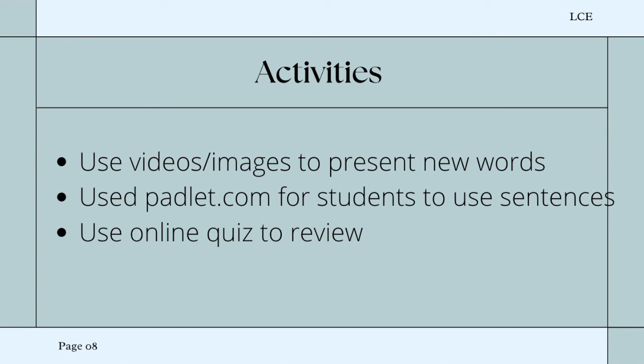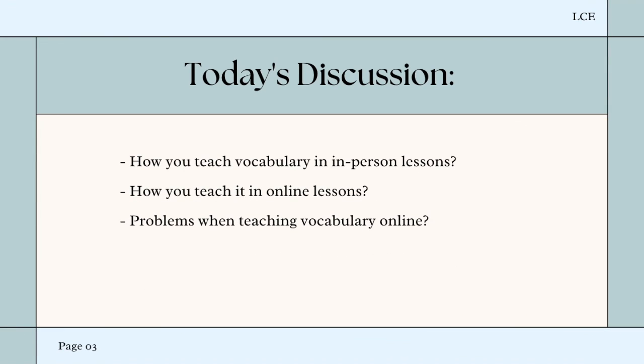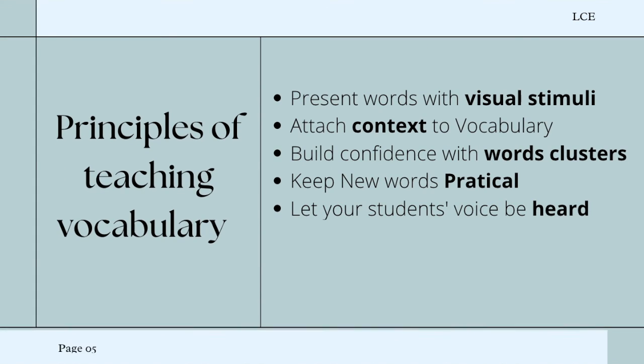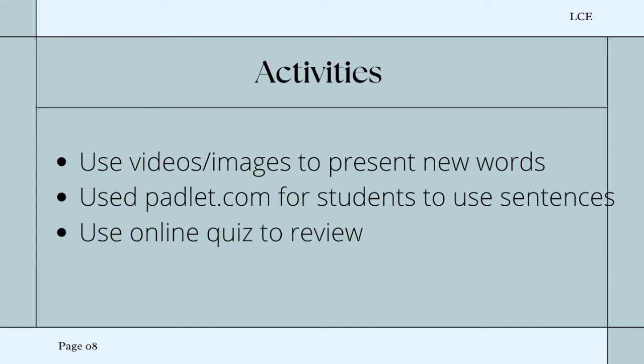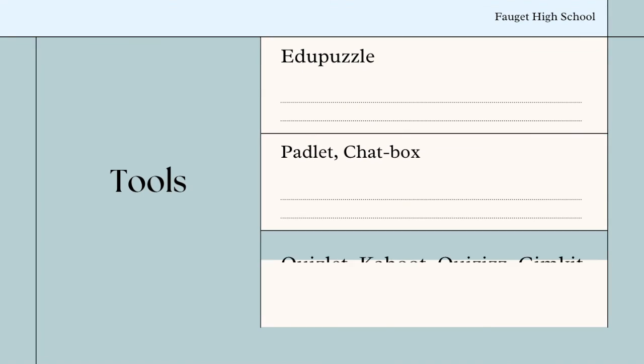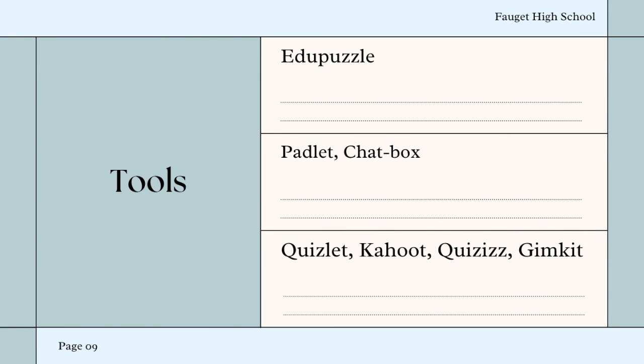Finally, for revision, teachers can use an online quiz. So, that's about activities we can use when we teach online. So, what about tools? In this part, we are going to discuss tools we are going to use for teaching online.